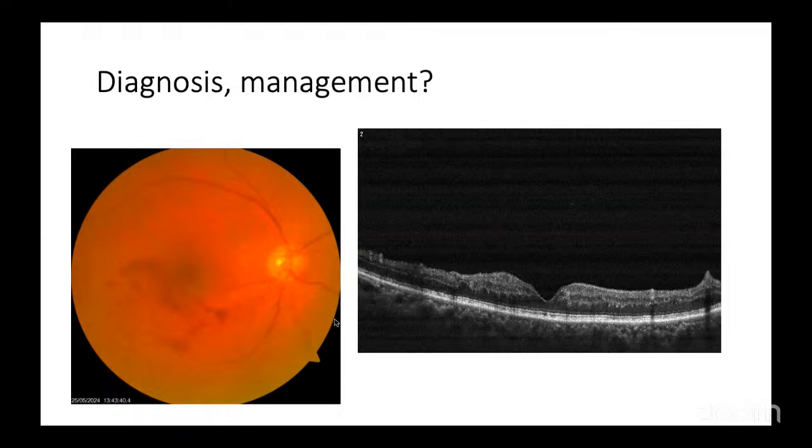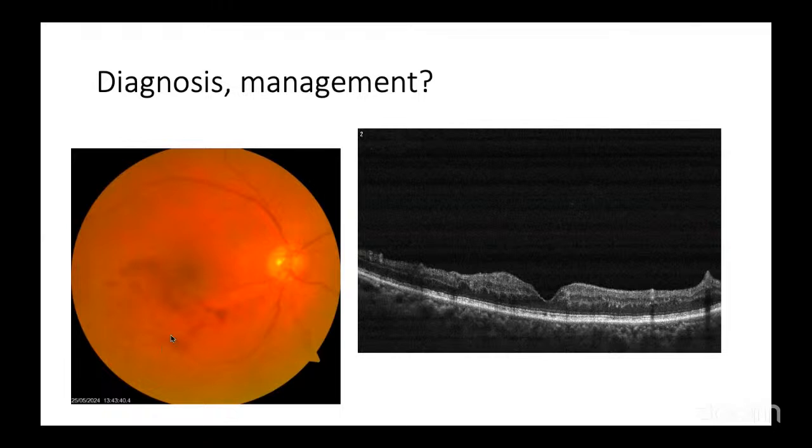What is your diagnosis? So it is a case of macular edema, for differential diagnosis. Macular edema secondary to what? What are these hemorrhages denoting?